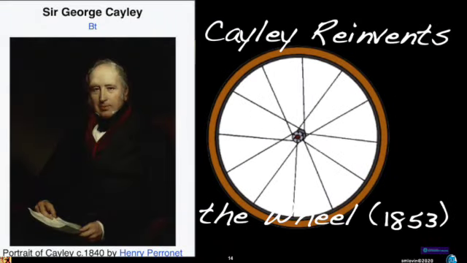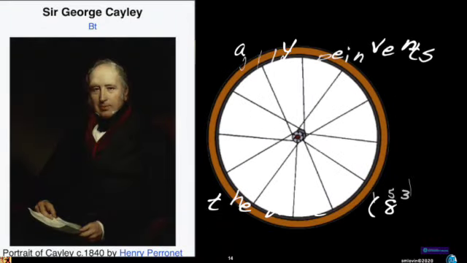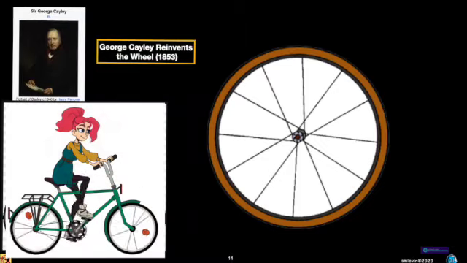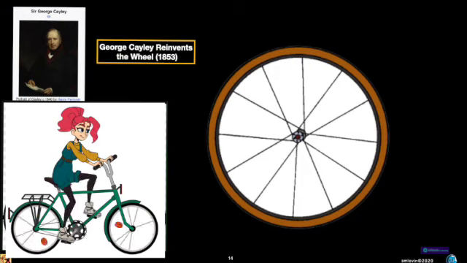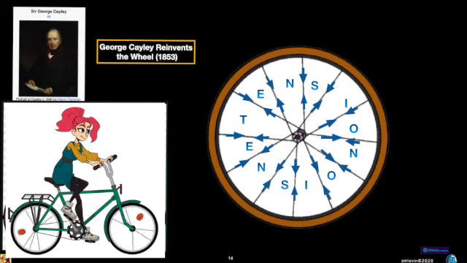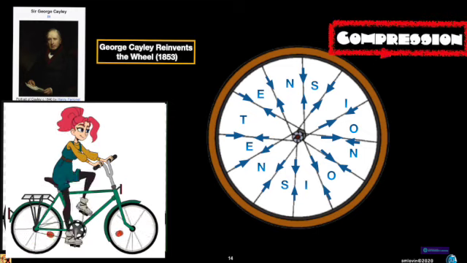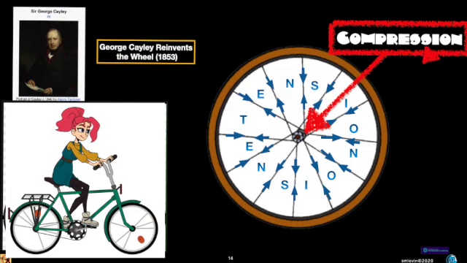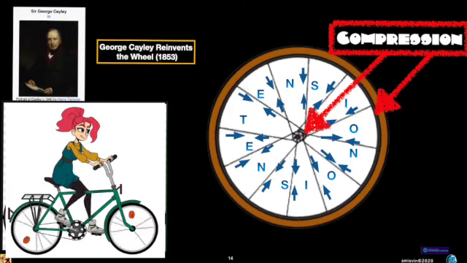Less than 200 years ago, George Cayley reinvents the wheel, the first significant design change in 3,000 years, using a radically different and unique concept. Instead of compression spokes, where the weight of the load is borne by each spoke in turn, Cayley's wheel is a tension-spoked wheel, where the combined continuous tension of the spokes share the load.